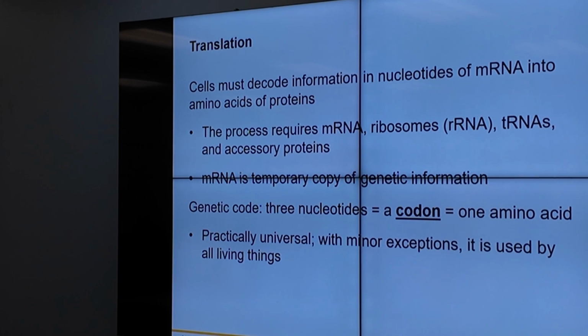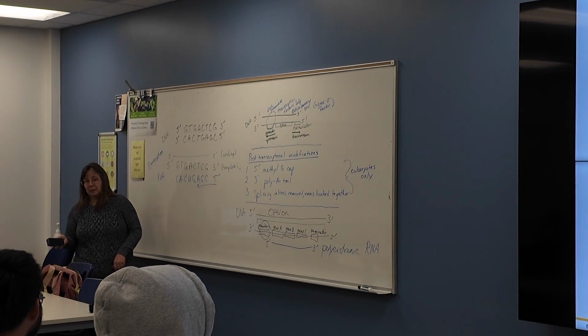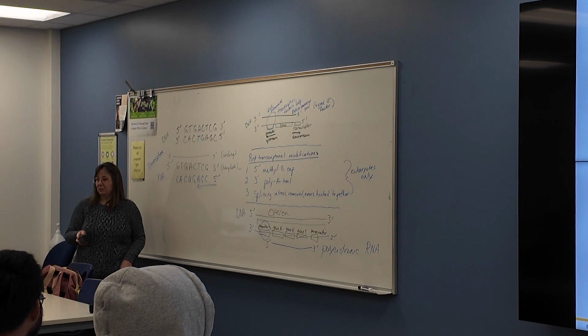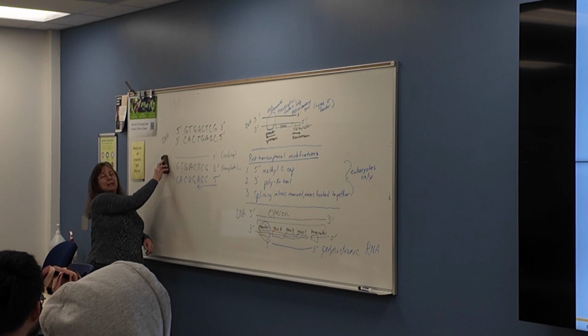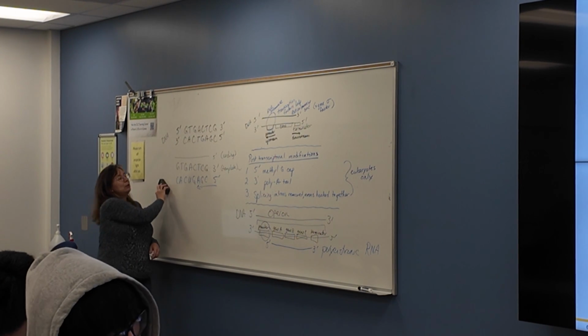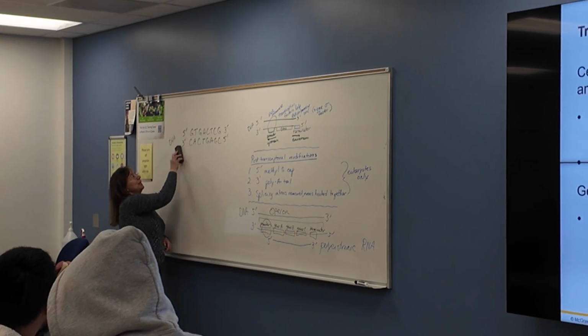Let's see what we can remember about translation. What you learned about translation in the past is actually what E. coli does. We don't know of a lot of differences in eukaryotes. So the translation we teach is E. coli's translation, which makes that easier.